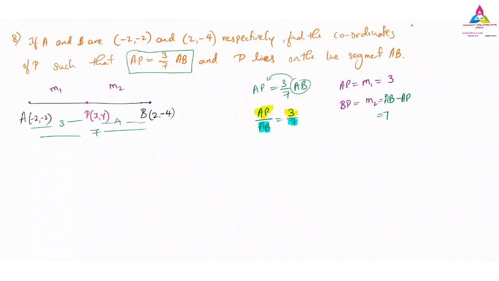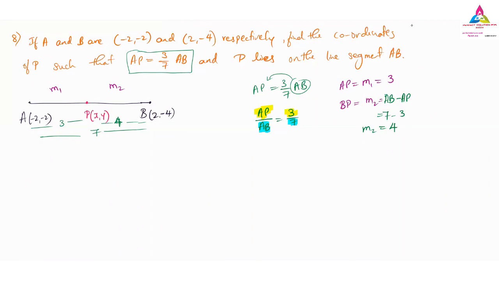AB is 7 ratio and AP is 3 ratio, so obviously BP or M2 value must be 4. AB is 7 and AP is 3, so 3 plus 4 is 7. I hope you have understood how to find the ratio.